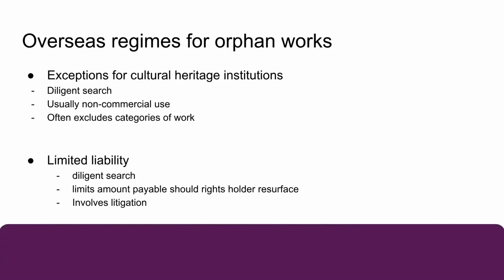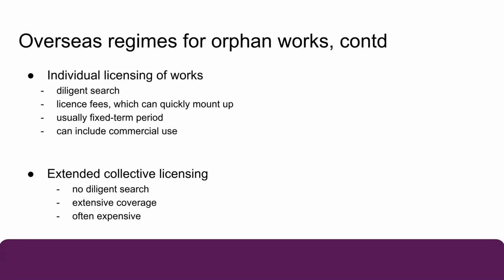While such a scheme would decrease the risk to the organisation wanting to use it, it still leaves quite a fair bit of uncertainty, and it does have a significant drawback in that it requires both parties to undertake litigation. So the rights holder comes back, has to basically take the organisation to court to say you've used my work unlawfully. So probably not a great scheme.